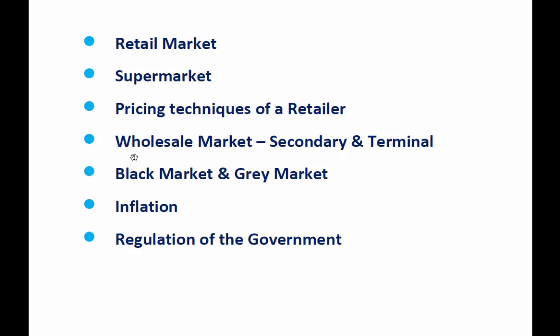Okay, wholesale market, as well as two different types of wholesale markets, secondary and terminal wholesale markets, black market and even gray market, and inflation, as well as regulation by the government, especially of farm products or agricultural products.